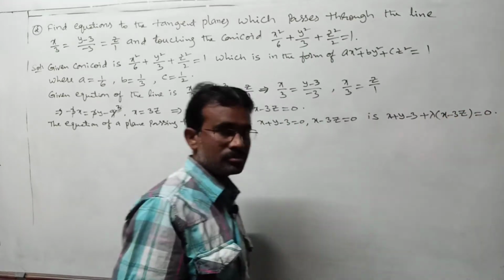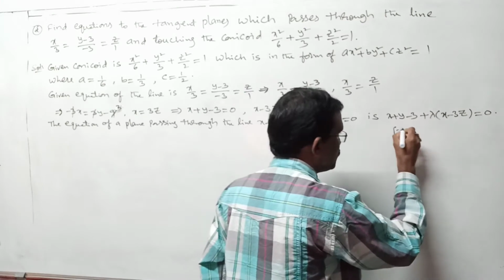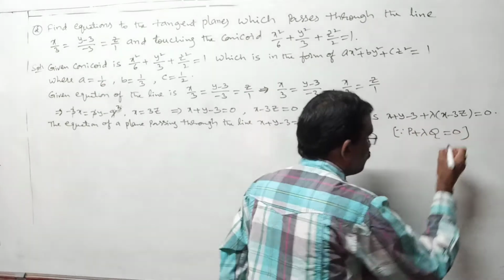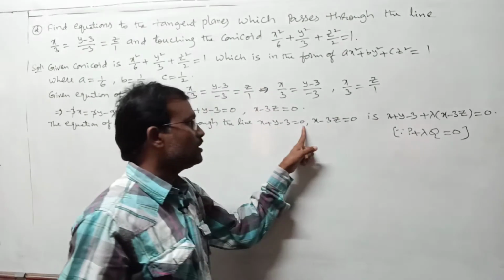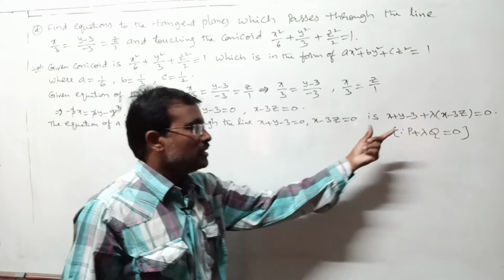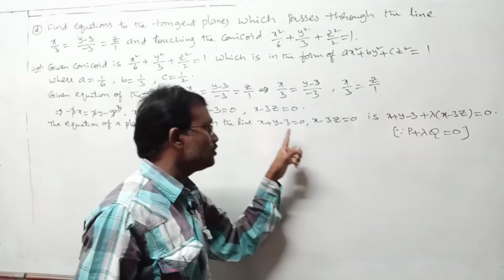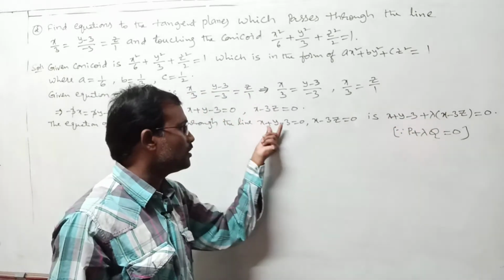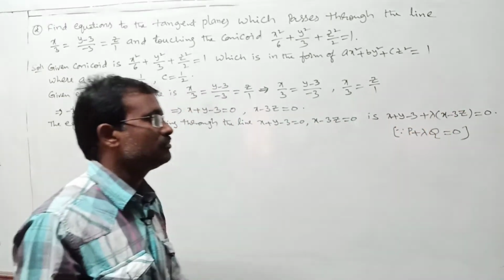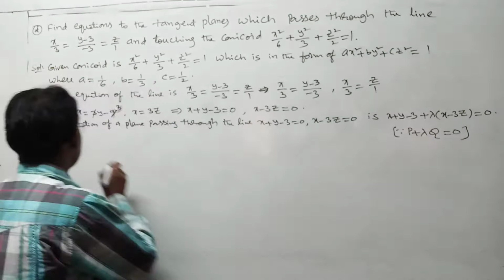Any problem? Here is the clear reason I am writing this: p plus lambda q equal to 0. Whenever p equal to 0 is one equation and q equal to 0 is the other equation, those are two planes. Then the equation of the plane that passes through the intersection of those two planes is p plus lambda q equal to 0. That we proceed.